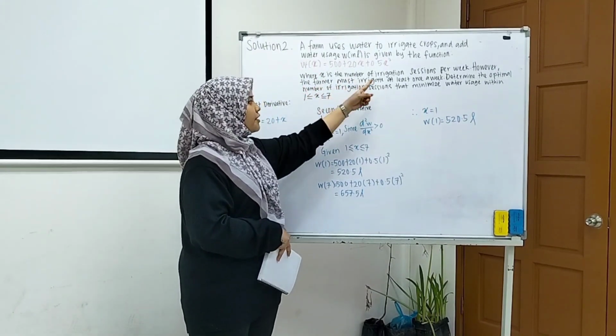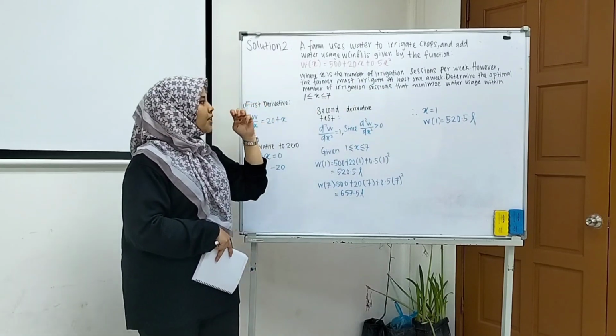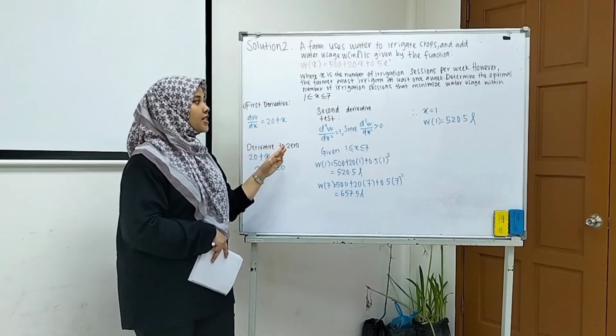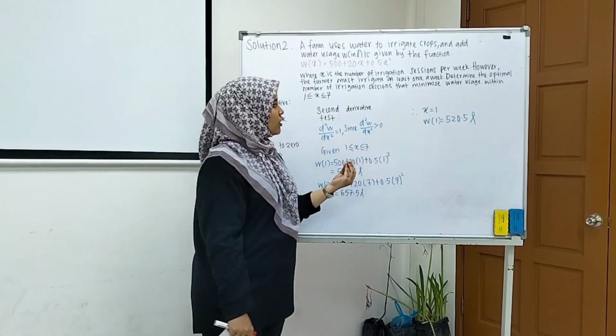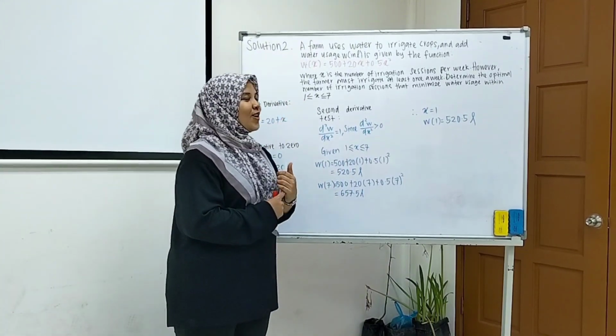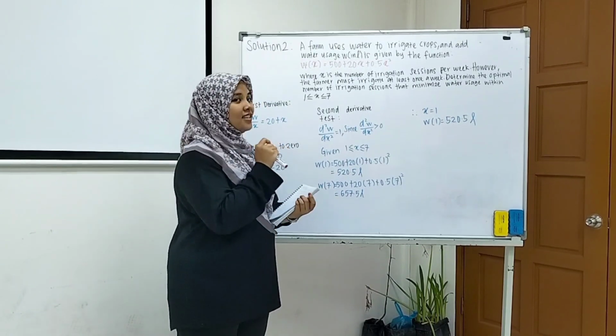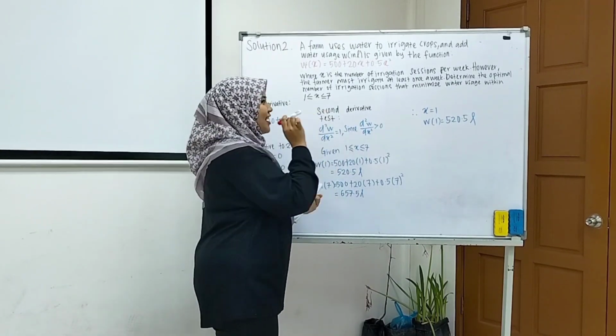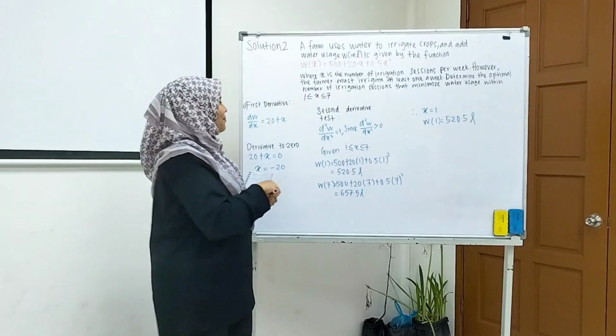However, the farmer must irrigate at least once a week. Determine the optimal number of irrigation sessions that minimize water usage within x more than or equal to 1 and less than or equal to 7.